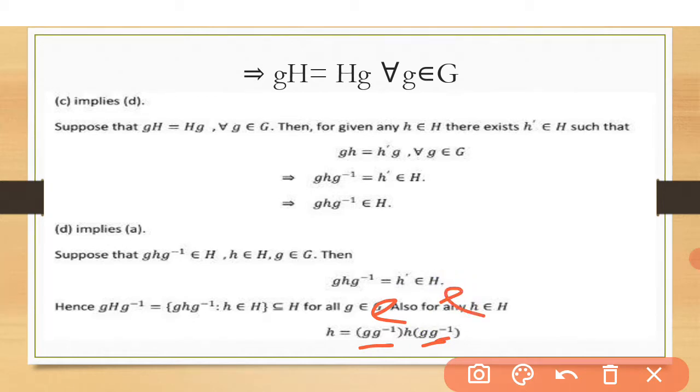So h is equal to gg inverse h gg inverse. From here, what will we do?